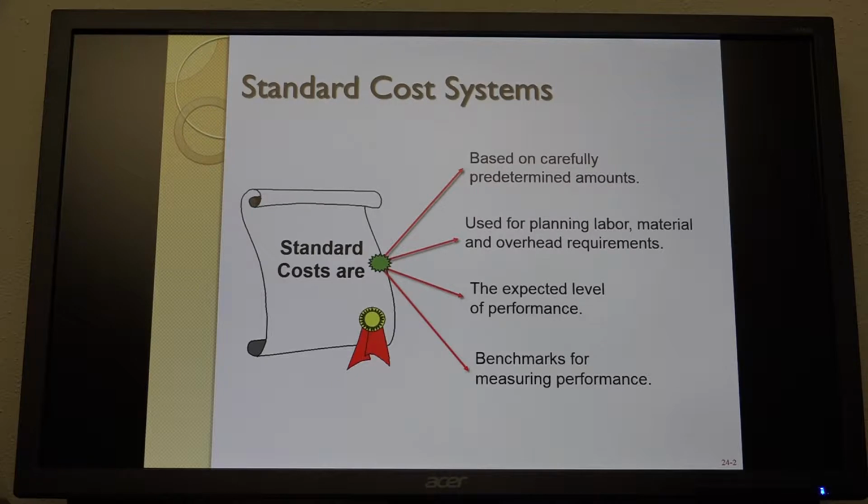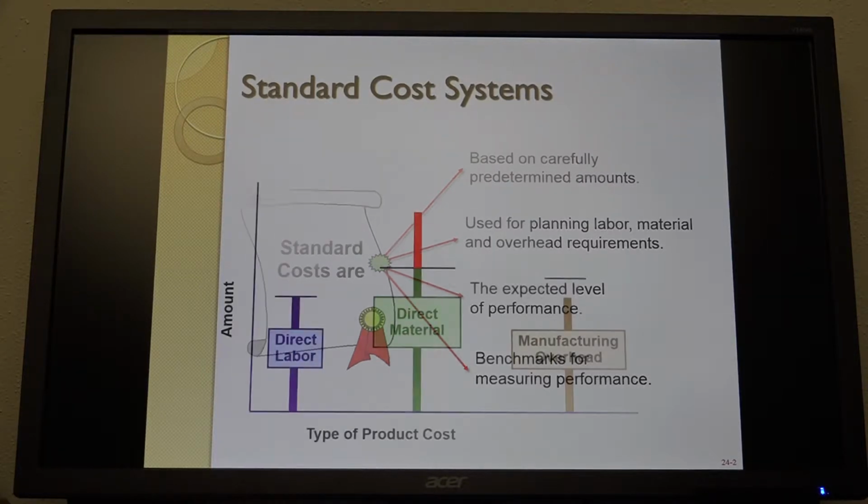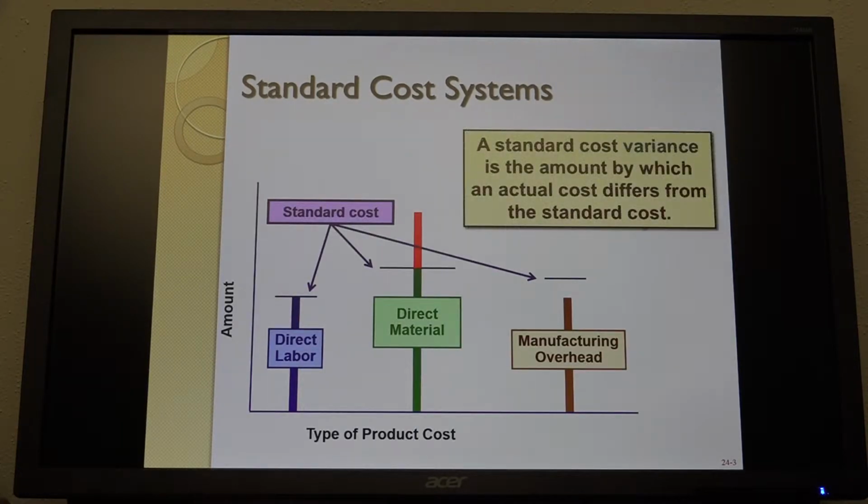So how do we come up with these standard costs? Do we base them upon ideals or something that's attainable? We'll talk about that here in a minute, but just following this slide, you have your standard costs for the three components: direct labor, direct material, and manufacturing overhead.